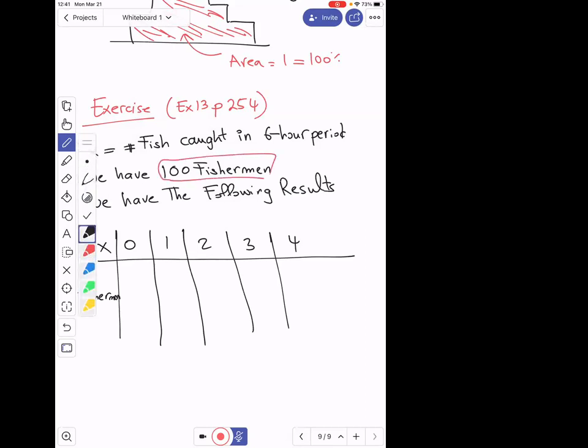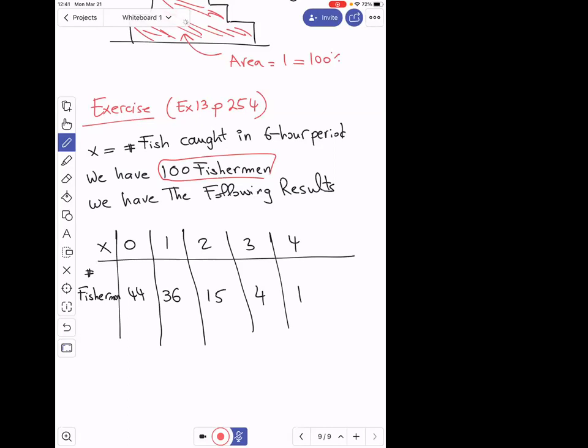And so let's say we have 44 fishermen who caught 0 fish in a 6-hour period, and then 36 fishermen who caught just 1 fish, and then 15 fishermen who caught 2 fish, and then 4, and then just 1 fisherman who caught 4 fish in a 6-hour period. Okay.